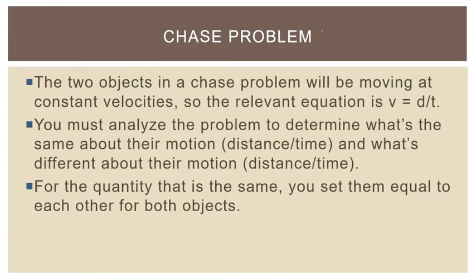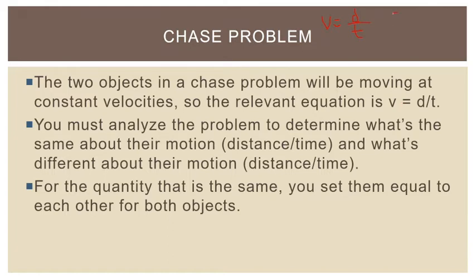because v is equal to d over t, let's just say you happen to be doing a problem where they made it pretty clear to you that both of the objects were traveling the same distance, but one person got a head start in time.